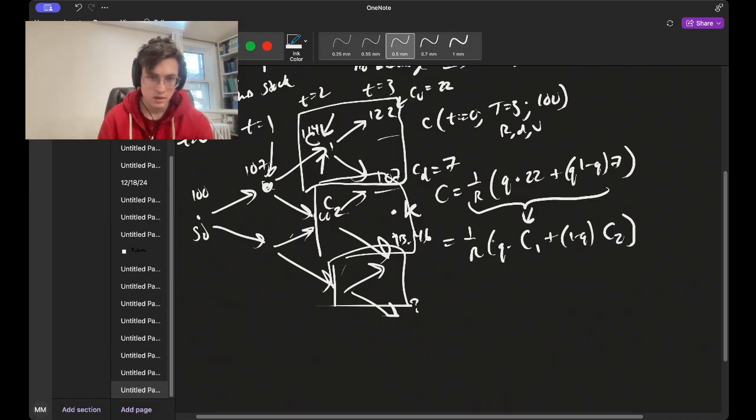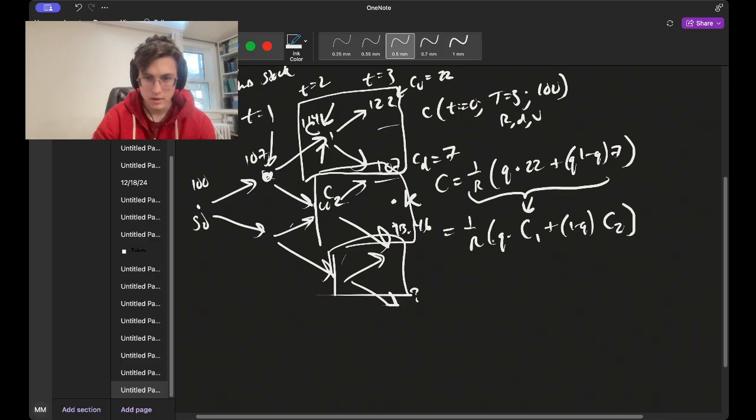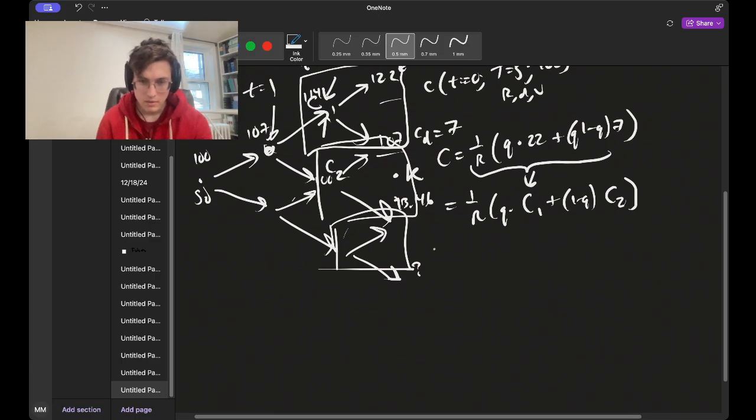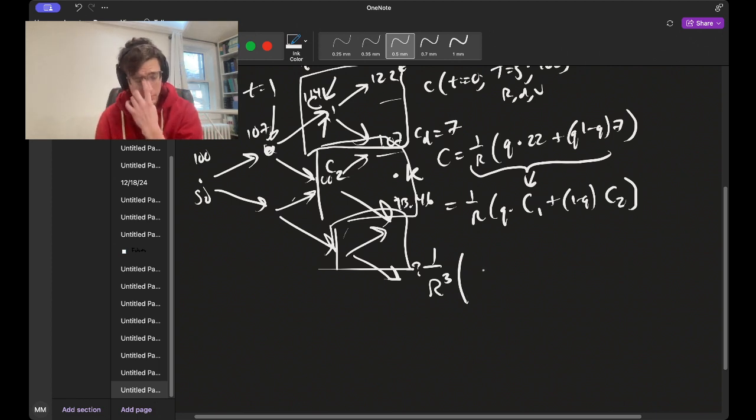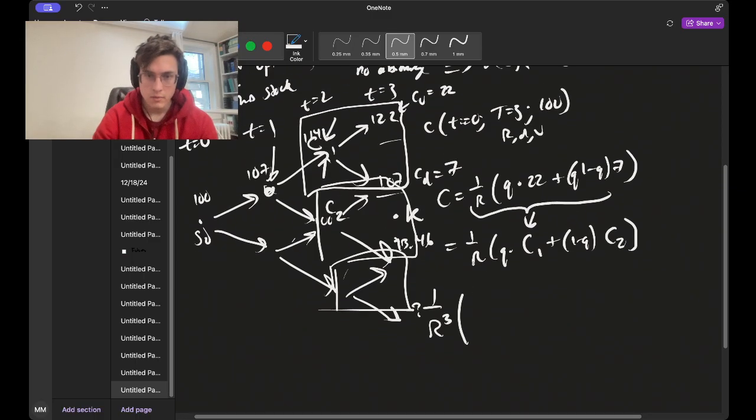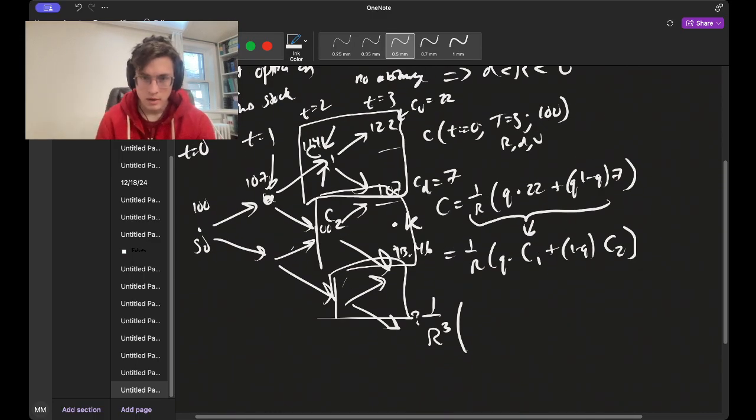So notice, if you continue with this whole process, you will end up with something like 1 over R to the third multiplied by, and so this is why it's binomial and why it reminds us of binomial. So if we think about it logically, there will only be one term in this entire expression, assuming we do all this consolidation, that has this 22.